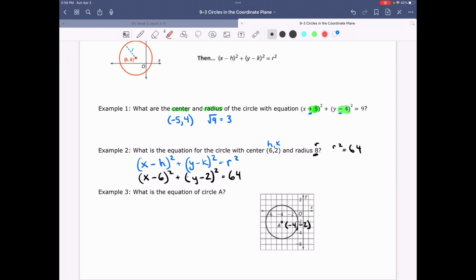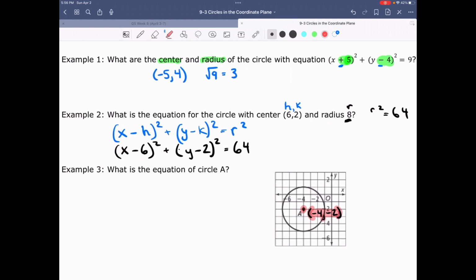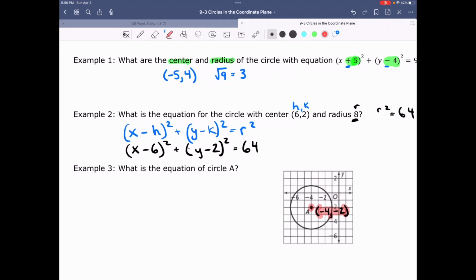We're talking about where this center is, and this is the center. And then we need to know what the radius is, and the radius is going to be from the center to the outside, which is 3 units.